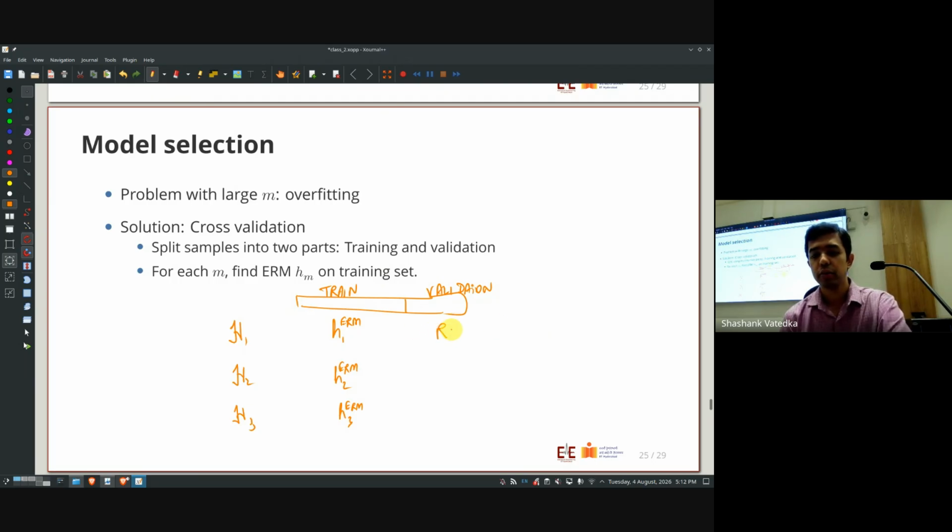Then you find the empirical risk of each of these, and out of these you choose the best possible one. So you choose that M which does the best on the validation set.